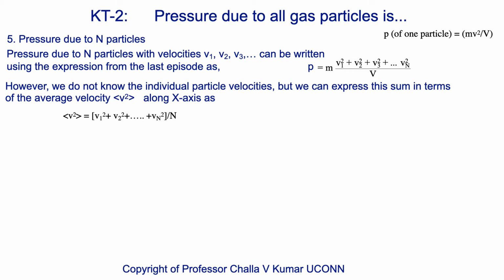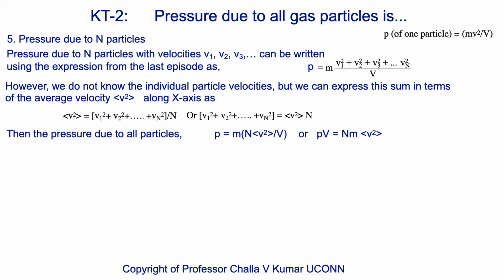So now in the above expression for the pressure by all particles, I can replace the numerator with n times v squared average, right? So taking these terms to the other side, I can say the sum is equal to v squared average multiplied by n.